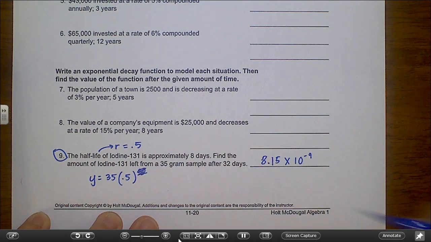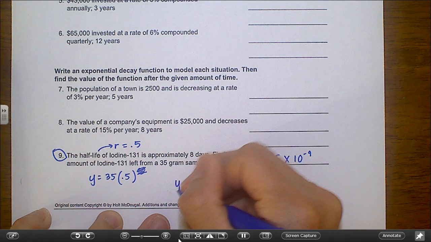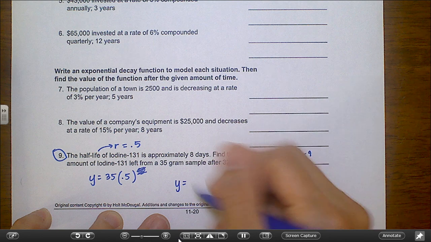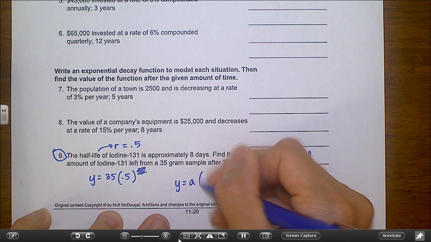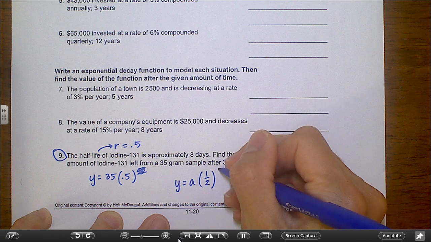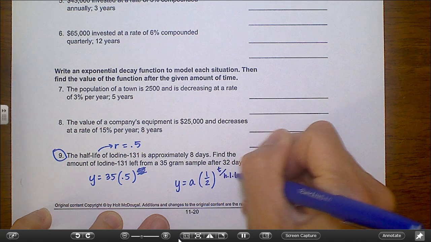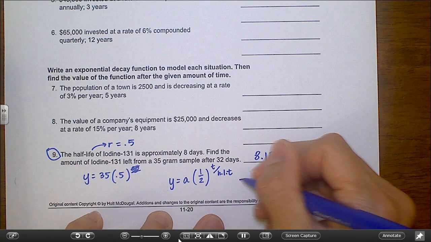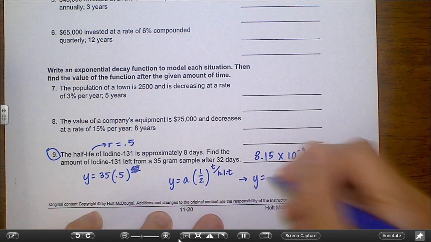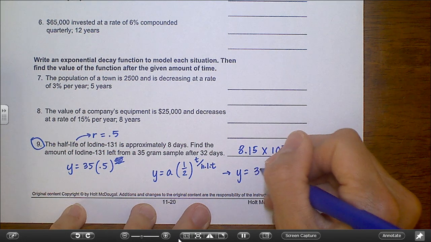So the half-life formula is Y equals your initial amount. So let's stick with A, and then 1/2 or 0.5 raised to the T over the half-life T. Okay. So here we had a 35-gram sample.